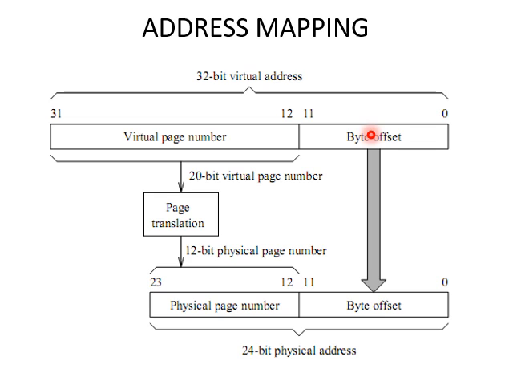So this byte offset will remain the same irrespective of whether we are talking about the virtual memory or the main memory. Now this 20-bit virtual page number has to be translated, has to be mapped into the 12-bit physical page number, so that this 32-bit virtual address will get converted into a 24-bit physical address.